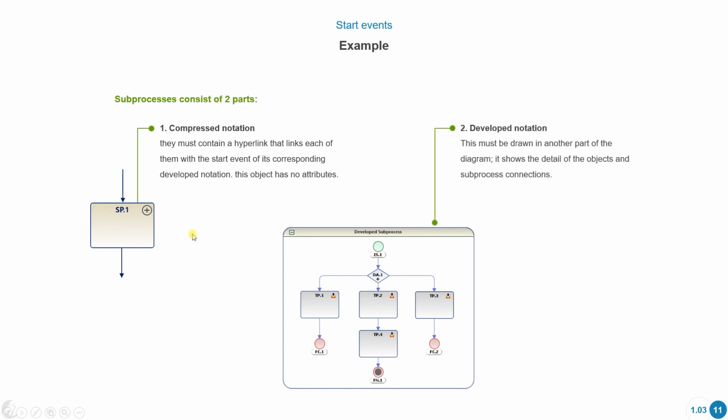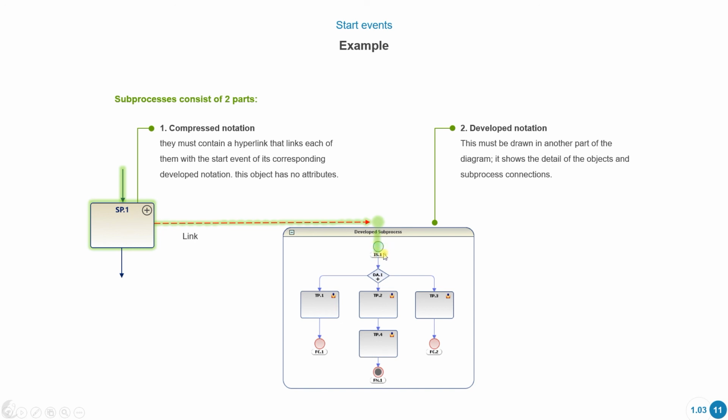So on some other part of the diagram, we have to draw the developed notation of the sub-process. So what we're saying here is that when the flow arrives at this object, it's going to perform whatever actions are inside.